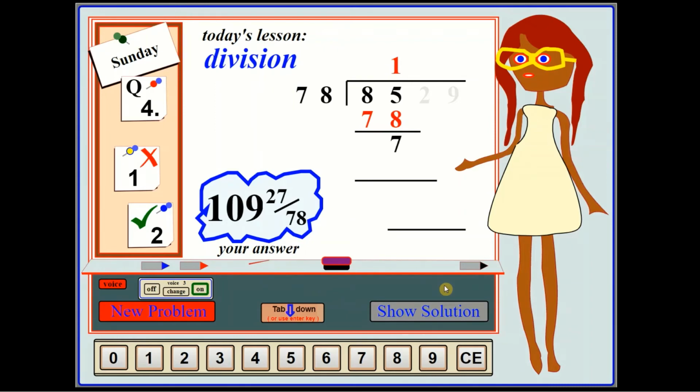We still have 7 unaccounted for, so we combine that with the next part of the original number, that is the 2. So we restart the division process with 72. How many 78s fit into 72? That answer is 0. Multiplying 78 by the blue 0 gives the blue 0.